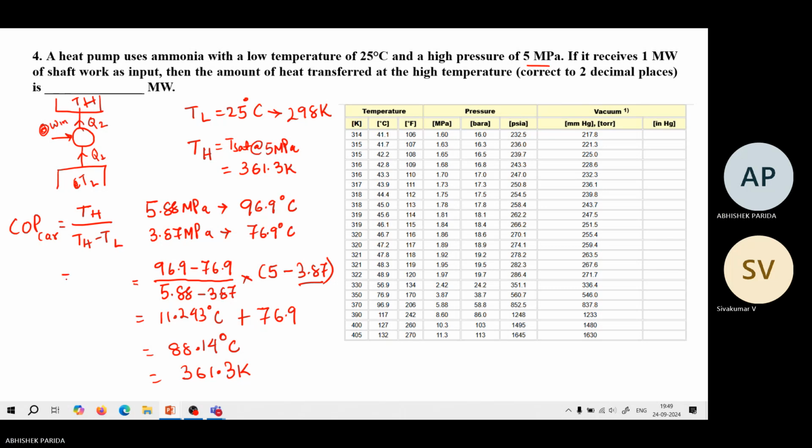So it's 361.3 divided by 361.3 minus 298. It's 5.72, sir. Yeah, 5.7.